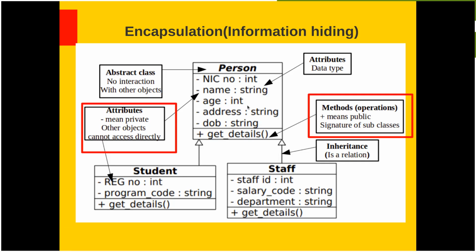That is just name and all the actions taken by student and staff. So this is when it becomes inheritance: staff and student belong to the person class.